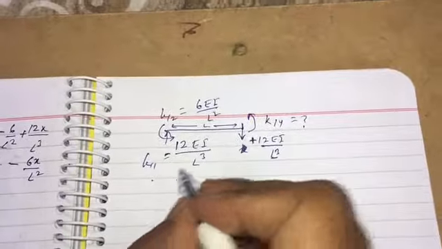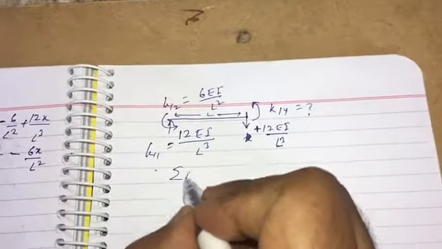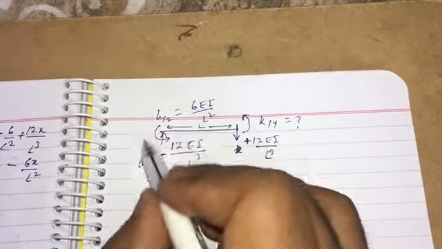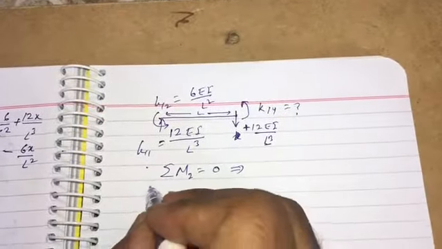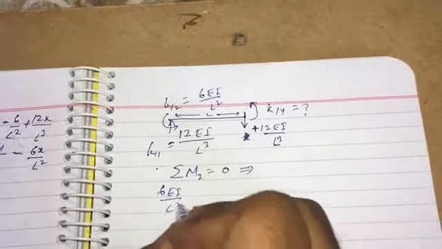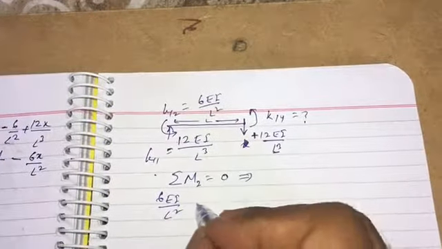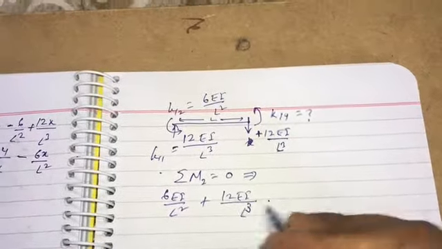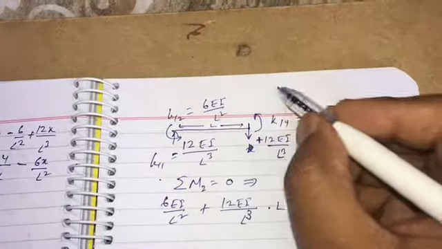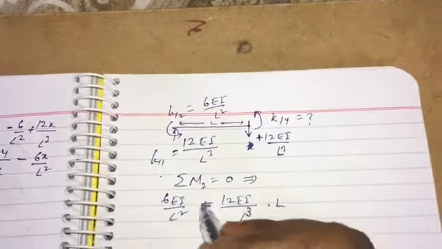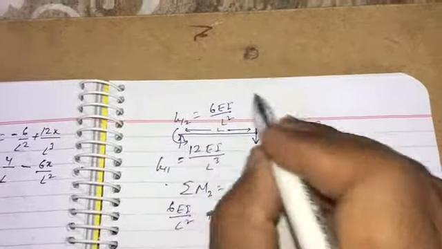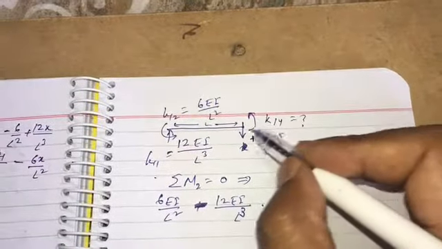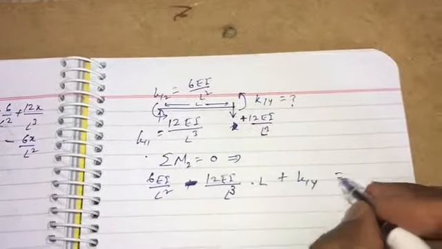If you take the moment about point 2, the moment about point 2 has to be equal to 0, and hence what do we get? We get anticlockwise this one, so we write 6EI over L square. Then clockwise is this, due to this one, 12EI over L cube times L, and this will be negative because this is clockwise, and this is also anticlockwise, so K14. And this will not participate because the lever is 0, so all should equal 0.